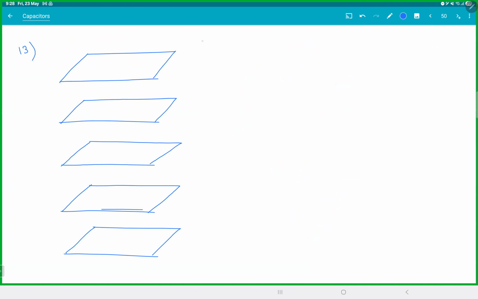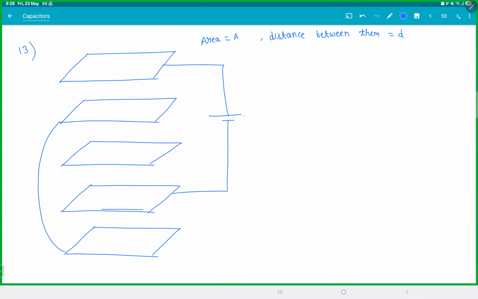So we have 5 parallel plates, area A and distance between them is D. Then you connected these two plates and you connected a battery between these two plates. This is voltage V. So let's call plate 1, plate 2, plate 3, plate 4, and plate 5.